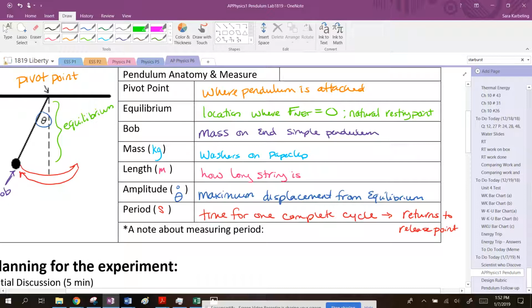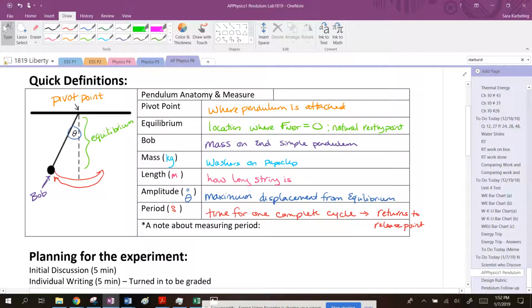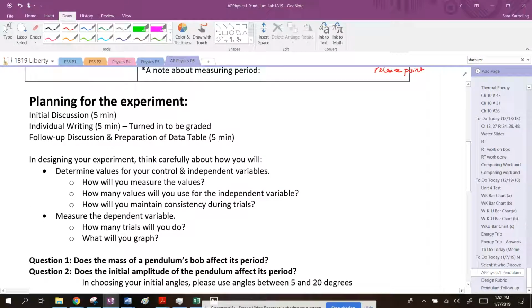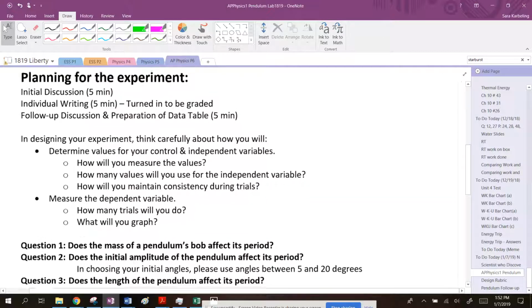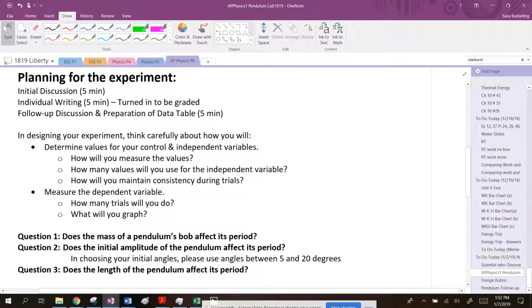Okay. So I'm going to fill in this little last thing in just a second. But I want you to be aware of how we're going to do this experiment, because as we're moving closer and closer to May, we're preparing ourselves more and more for that AP exam. So in just a minute, we're going to get into some groups. I'm going to give you some time to discuss how you're going to do this. And then I'm going to give you 5 minutes, on the first day back from winter break, you're welcome, to write down your proposal for how you would set up this lab.